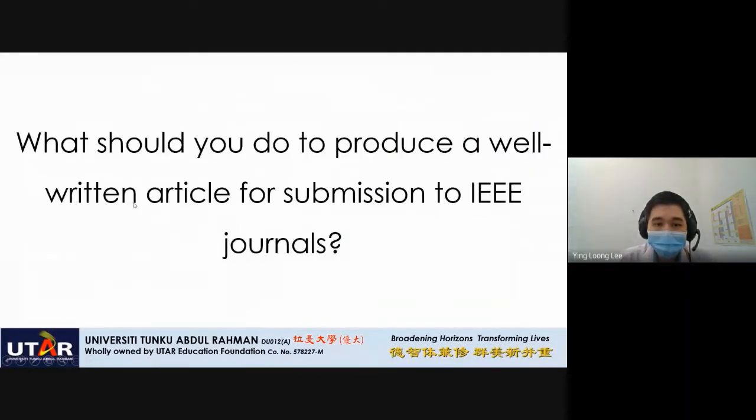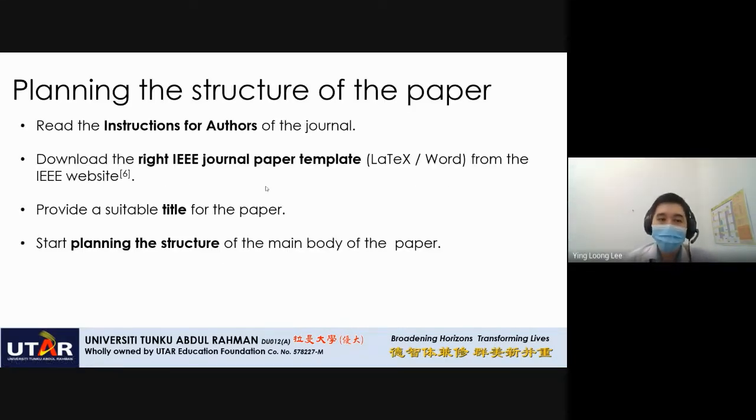Okay. So next, what should you do to produce a well-written article for submission to IEEE journals? The first thing I would do is read the instruction for authors. I need to see what the journal wants, right? Sometimes they will specify certain requirements, what should be in the paper for their journals.